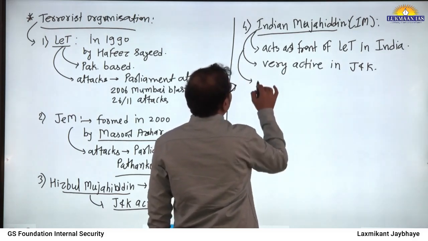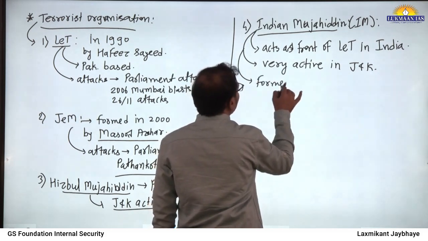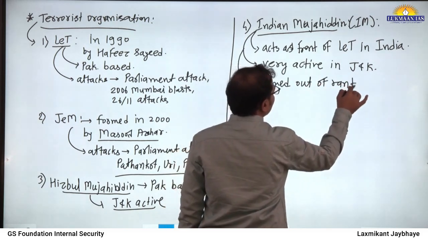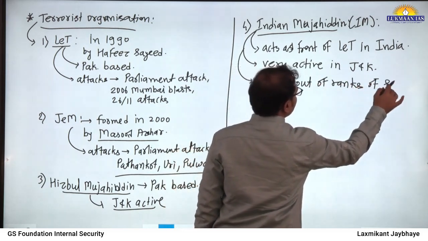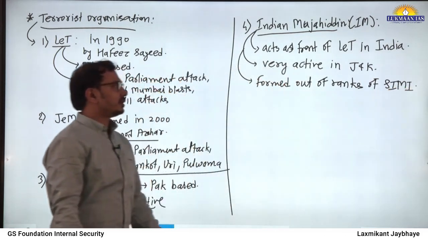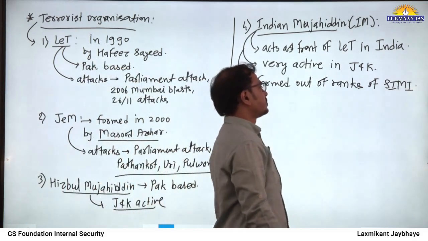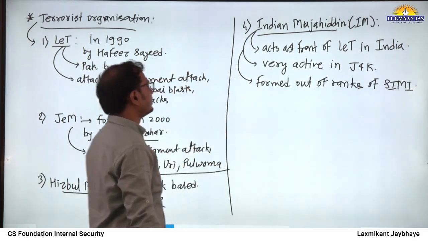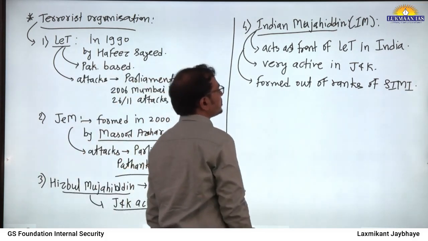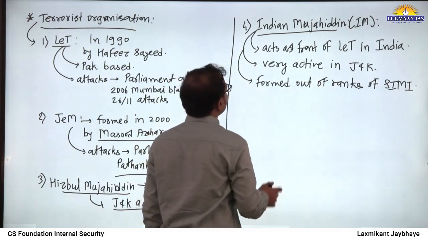Okay, and it was formed out of the ranks of the SIMI organization, the Students Islamic Movement of India. So some of the leaders from the SIMI organization formed this Indian Mujahideen terrorist organization.